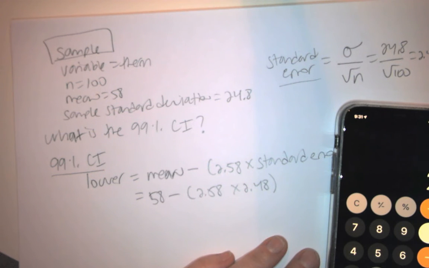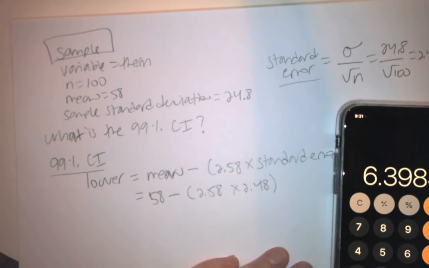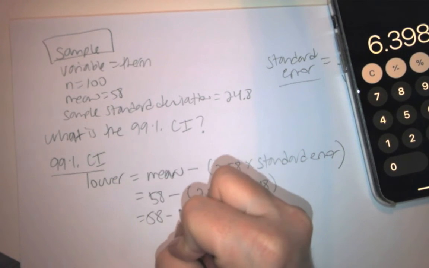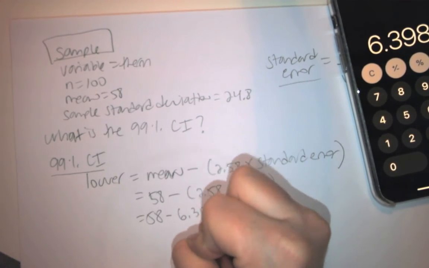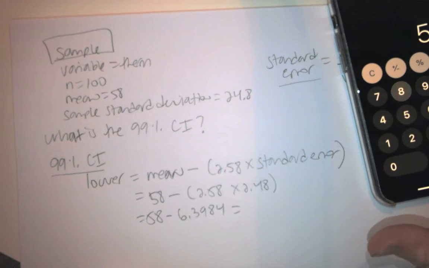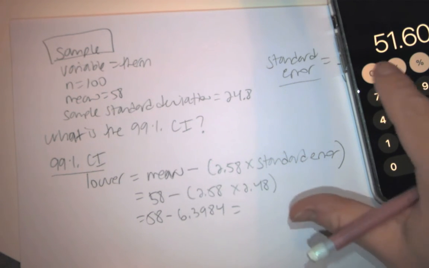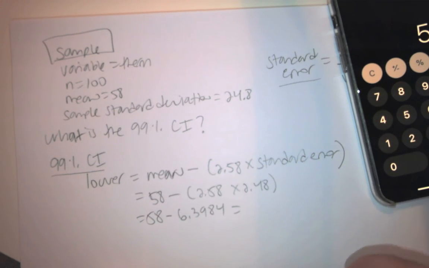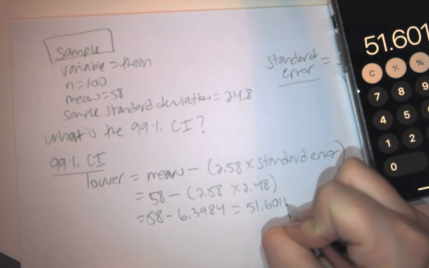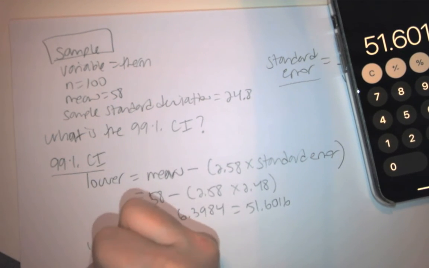That is 58 minus 6.3984, which equals 51.6016, and then I would do the same for the upper.